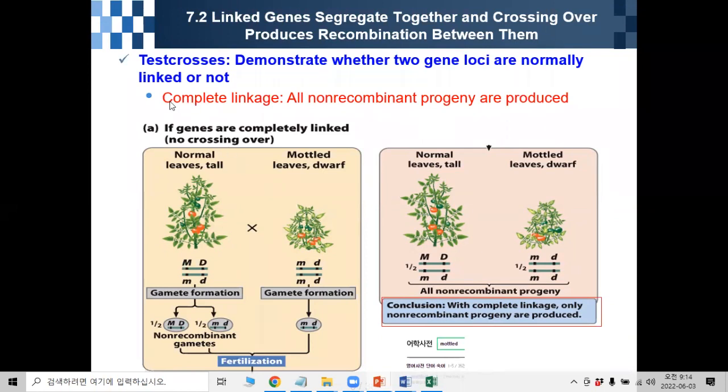If they are in complete linkage, they will make large M large D or small m small d. After fertilization, one will have normal leaves and be tall, and one will have mottled leaves and be dwarf. So with complete linkage, only non-recombinant progeny is produced, exactly the same as the parents.